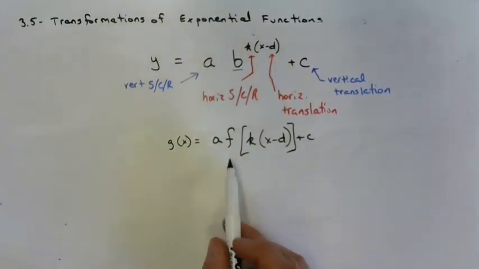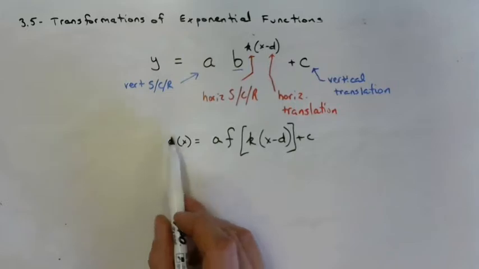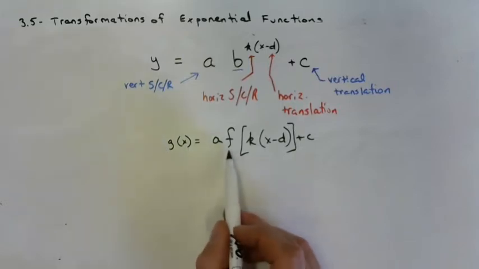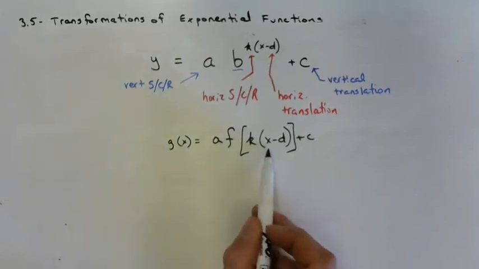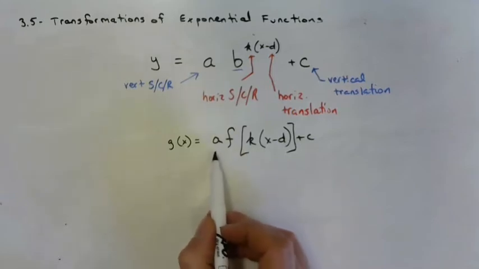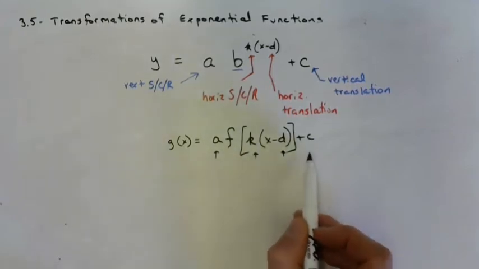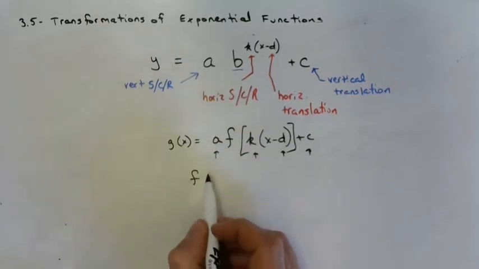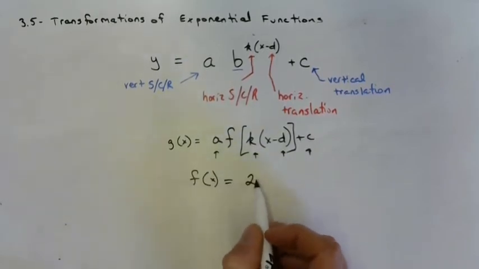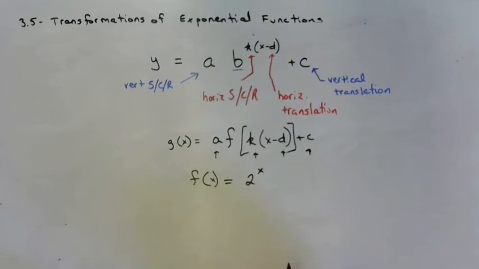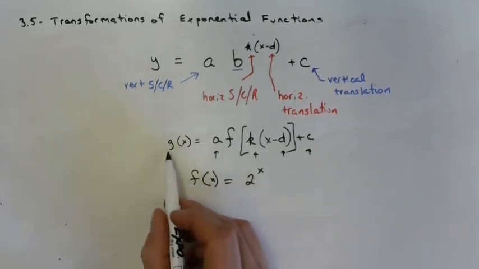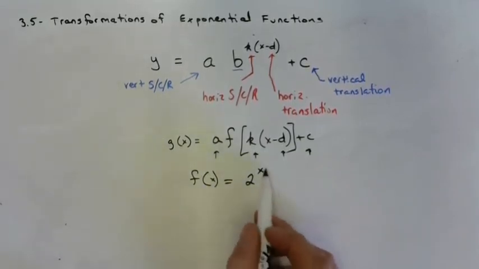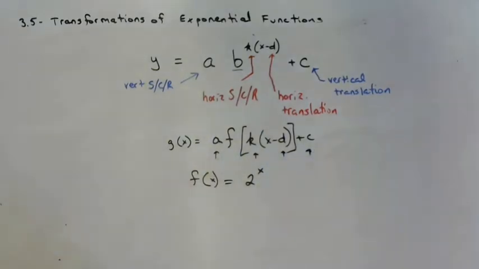This is just telling you that g of x is the function f of x transformed according to these four parameters. Now you say, well, that doesn't look like an exponential function. But if they tell you that f of x is 2 to the power of x, now you know that g of x is this function with these transformations.